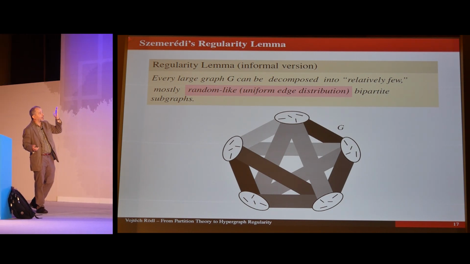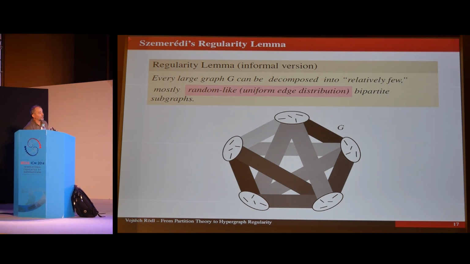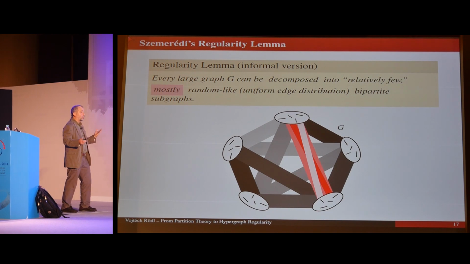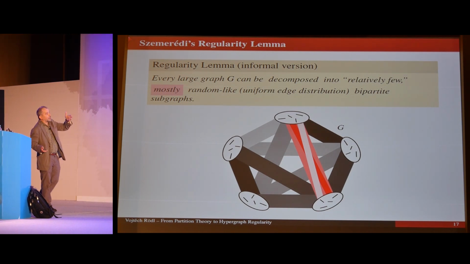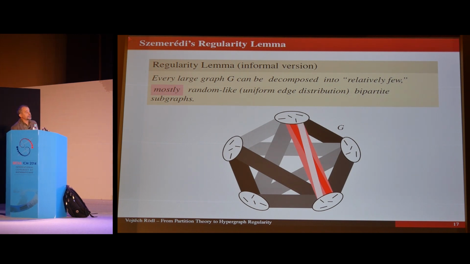I will define more precisely, or absolutely precisely, what random-like will mean, but for now, this would be the picture we will be looking at. And there is one thing more on the slide, namely mostly. Unfortunately, it's not true for all pairs of the vertex sets, these blobs, but it's true mostly. Well, but it's good, at least this much we have. So this is what we can get.